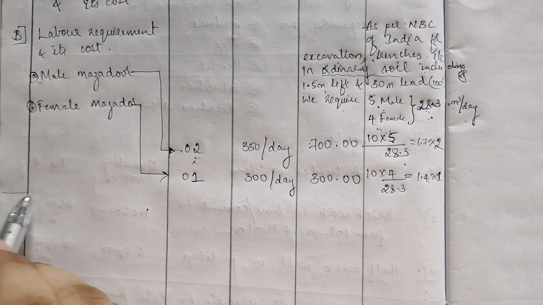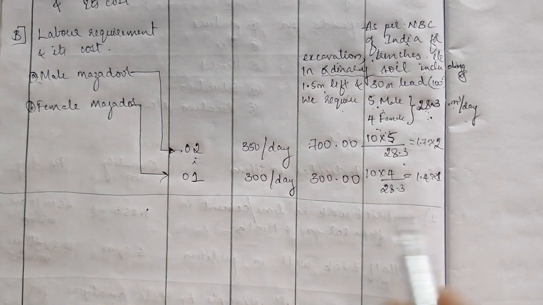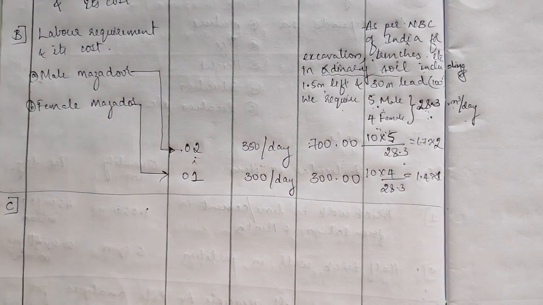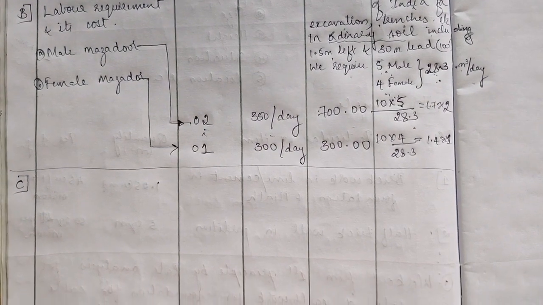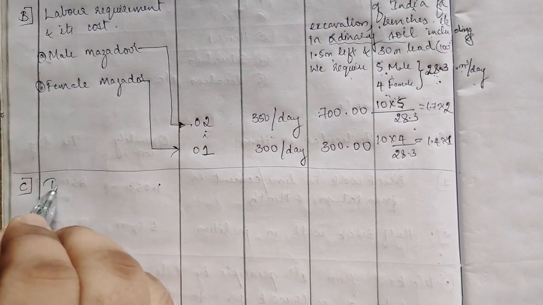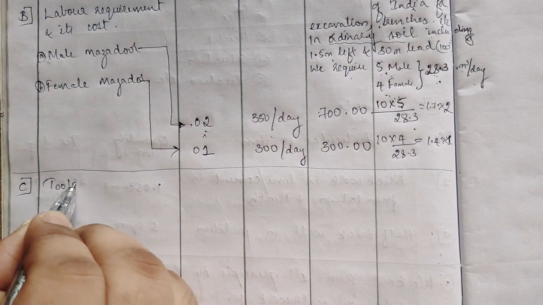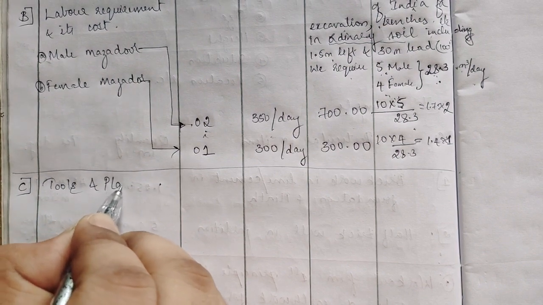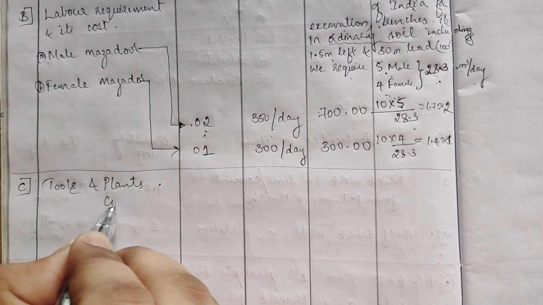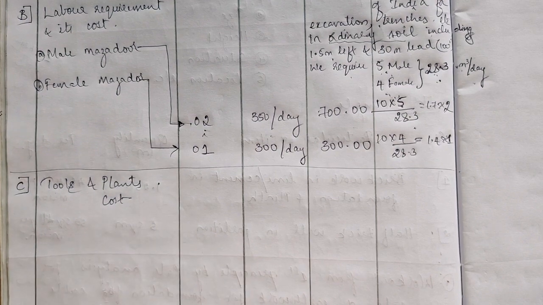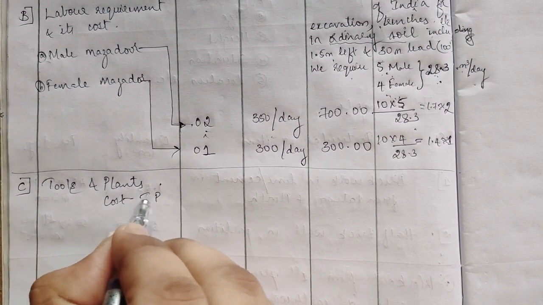Next, what is the step? I have C. What is the C? Tools and plant cost. What are the tools we needed? T and P cost we can tell.